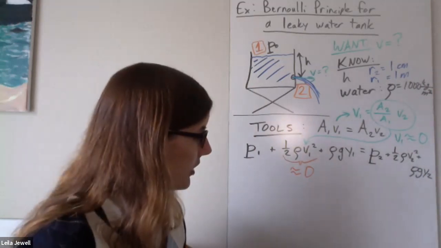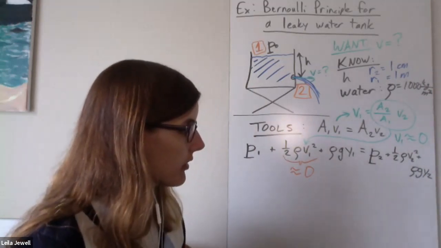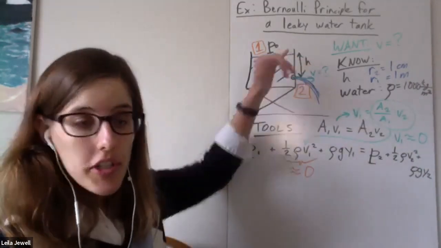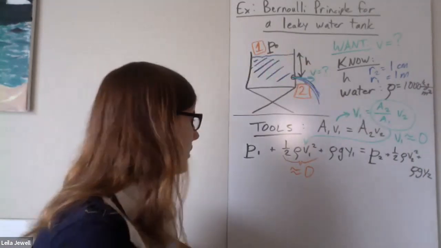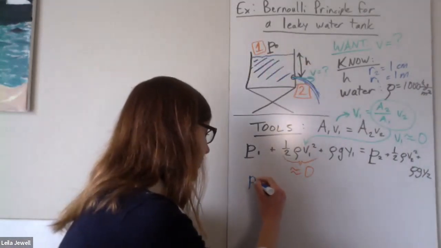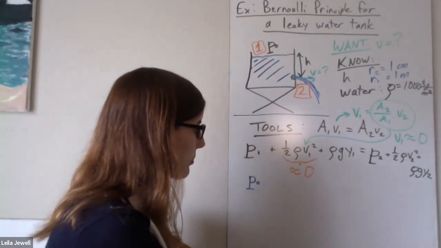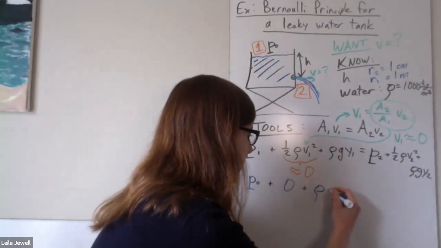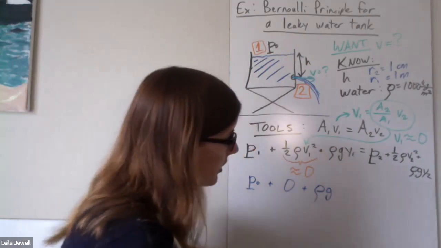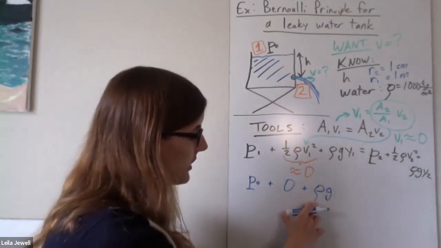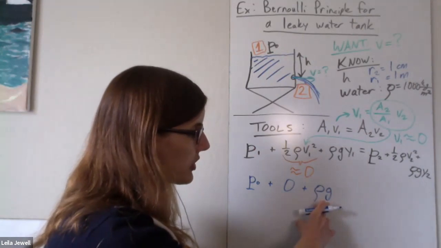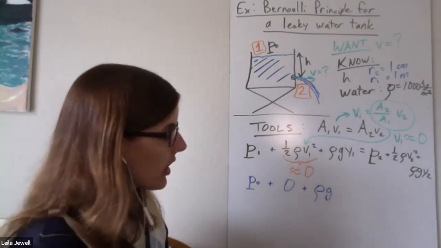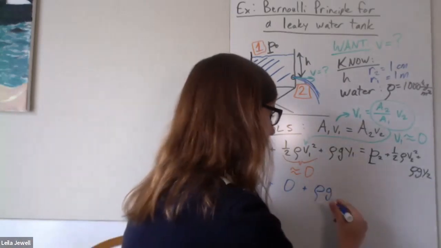Okay, so that's a nice simplification. We also noticed that at point 1, we said that the pressure is just equal to P sub 0. So that's another great thing that we can fill in. It's atmospheric pressure plus 0 plus rho g. And the density is the same. That's the density of water times g. To highlight things, I'm going to subtract my y2 over here.